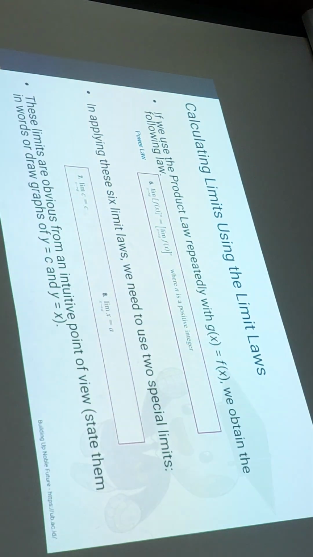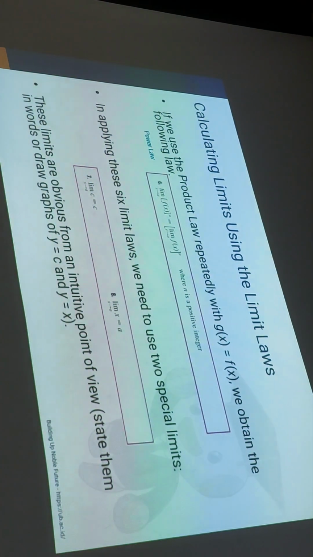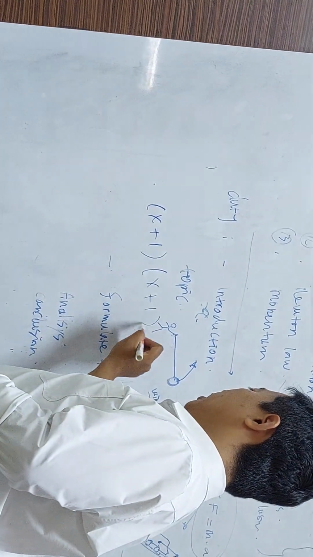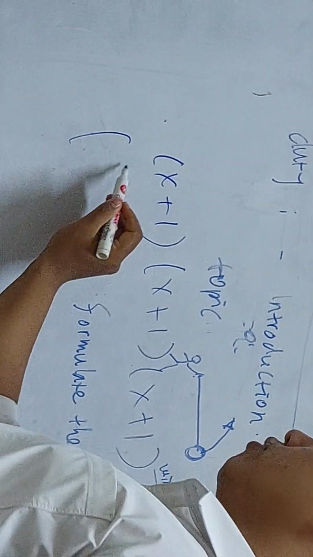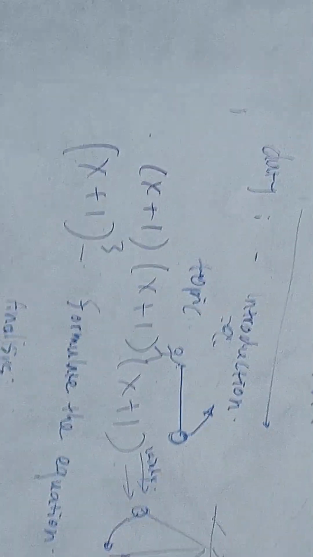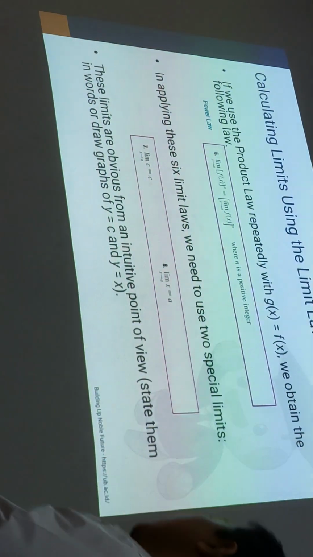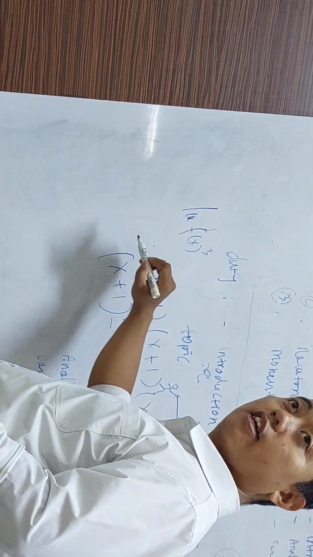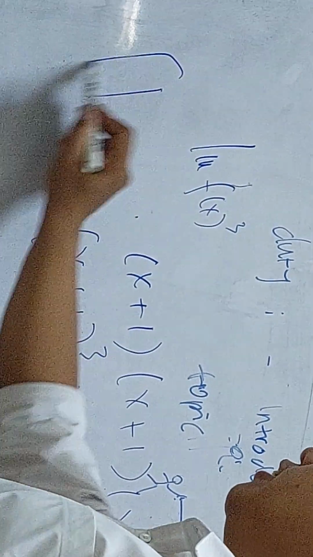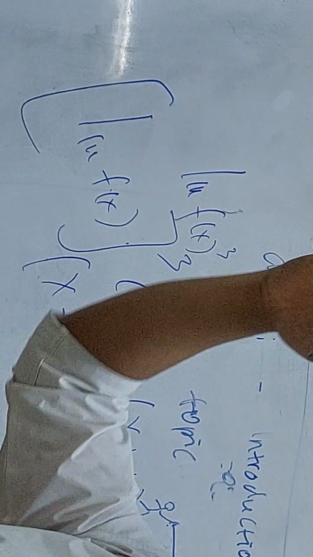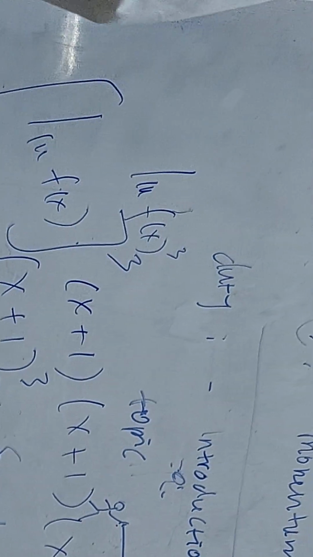If you have a repeated function inside the limit, like x plus 1, x plus 1, x plus 1, it means (x plus 1) power 3. This means if you have limit of f(x) power 3, you can assume that the result is the limit of f(x) to the power 3, with n a positive integer.